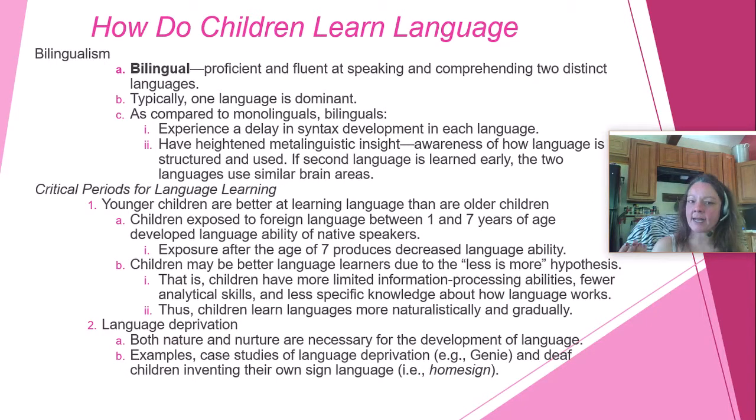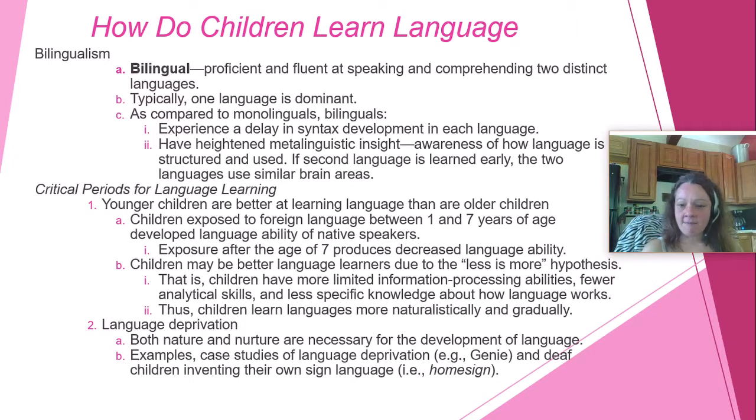Once they get it, they have a really good understanding of what those rules are, and it relates to how early you use that. If it's learned early enough, we see the same parts of the brain being used for both languages. And we say that between 1 and 7 years, children can develop the language abilities of native speakers.